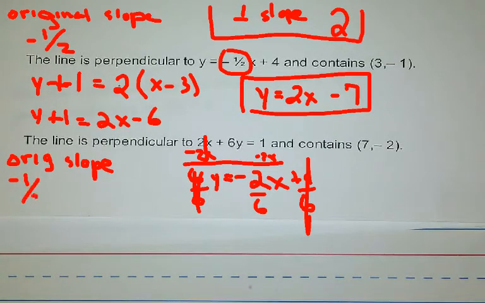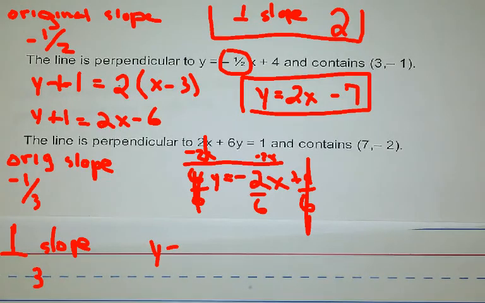Negative 1/3. So that means the perpendicular slope, I'll write this so I don't have to spell the word perpendicular, huh? The perpendicular slope has to be the opposite and the reciprocal. So that means it has to be positive 3. Yay! All right, now we're ready to write the equation.